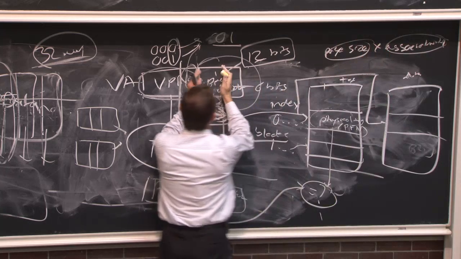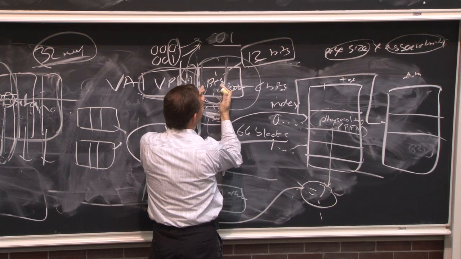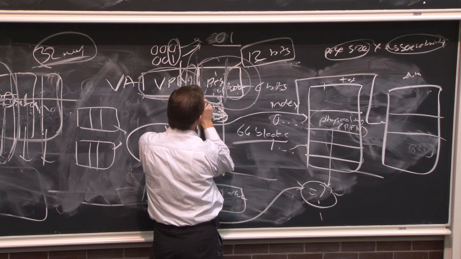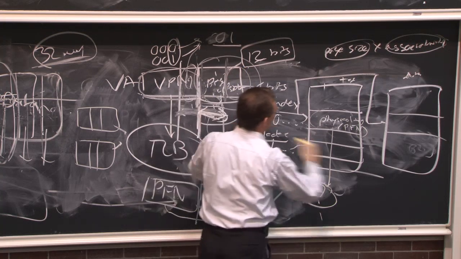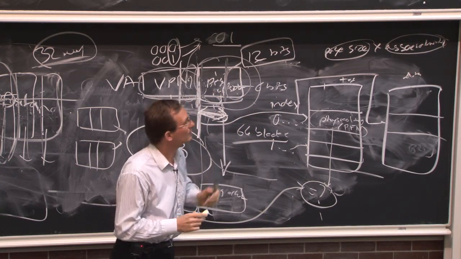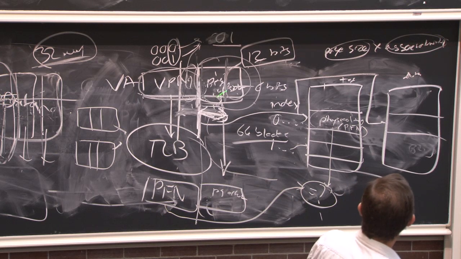Why? Because your index can come maximum from here, and the rest is your byte and block anyway. So you have the page size, and you can have as many associativity as possible for that page size. Right? I'll let you convince yourself that that's true. But that's the idea here.